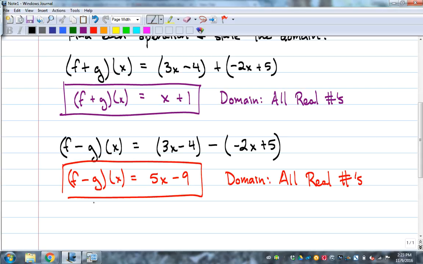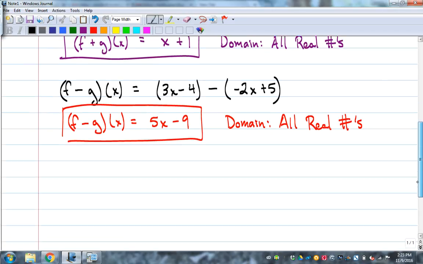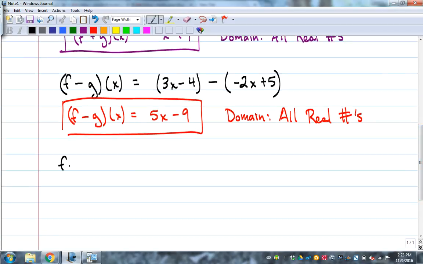Okay. Addition and subtraction is pretty easy. Let's do multiplication. F times g of x. 3x minus 4 times negative 2x plus 5. Well, that's polynomial multiplication.